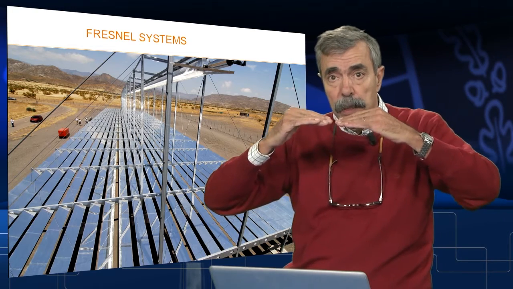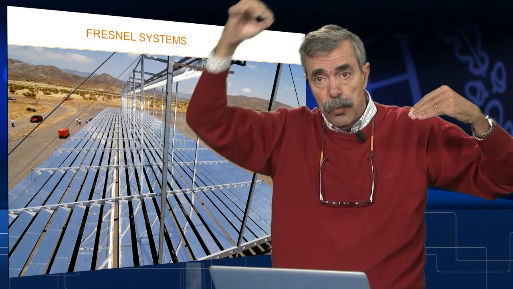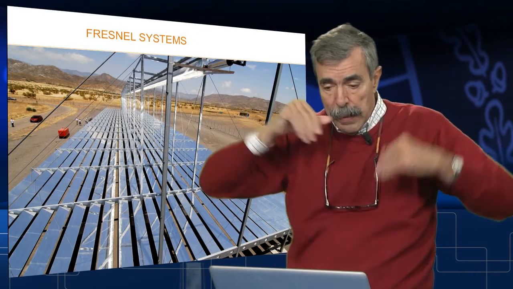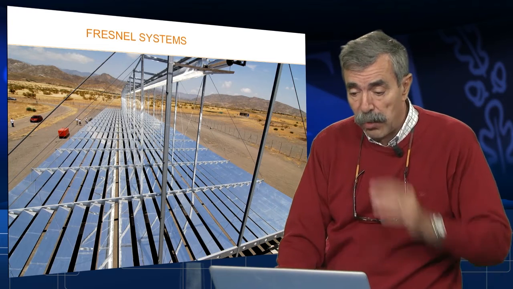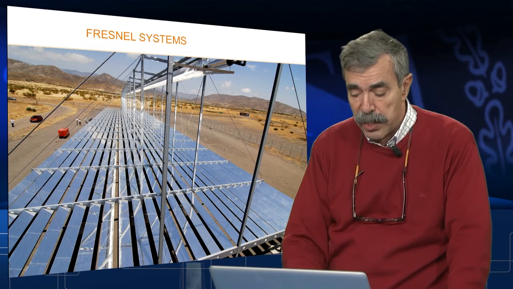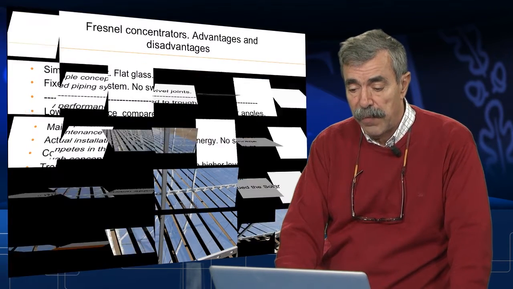So each one is going to be taking a different angle depending on the position of the sun to reflect the light of the sun and to be like a parabola. The system could be very, very cheap compared to other systems, and it's a very interesting device.